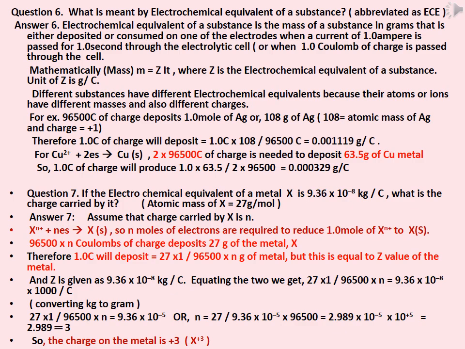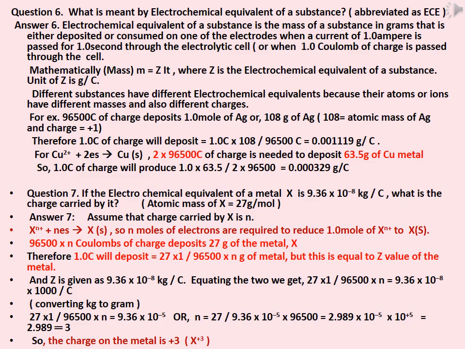Now, I've taken two examples. First one is for getting silver metal deposited. We know that 1 mole of silver ions requires only 1 mole of electrons to get deposited as 1 mole of silver metal. Therefore, 96,500 coulombs of charge deposit 1 mole of silver, or its atomic mass 108 grams of silver.